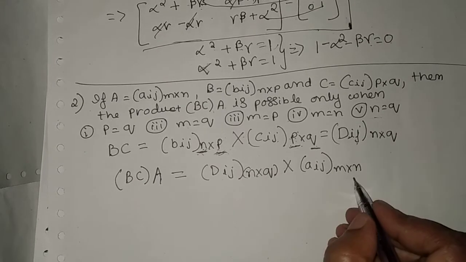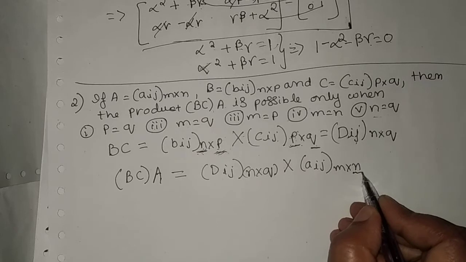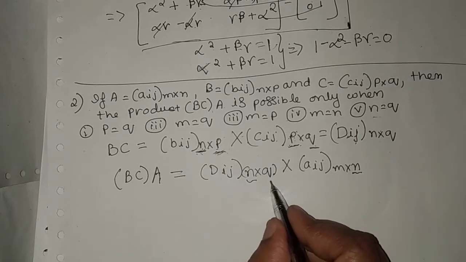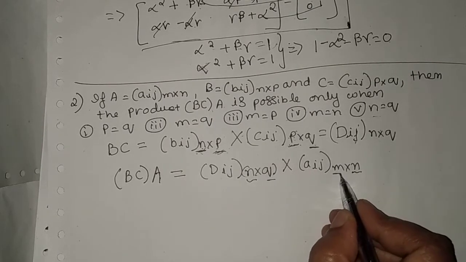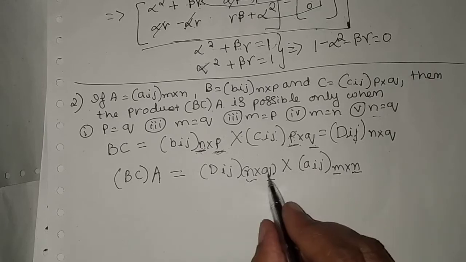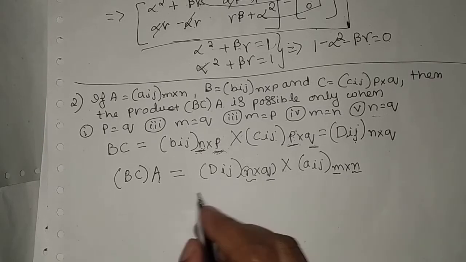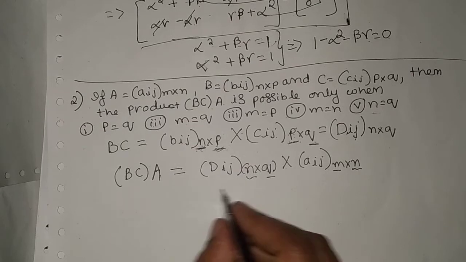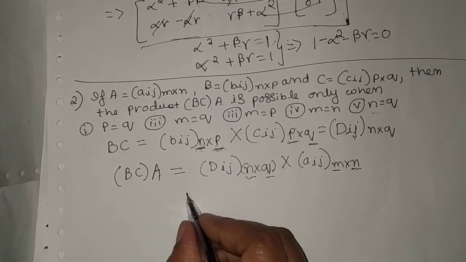Now here also n is common, and q and m are the other variables which are not common.